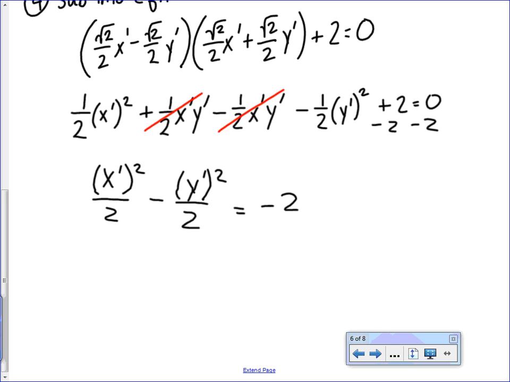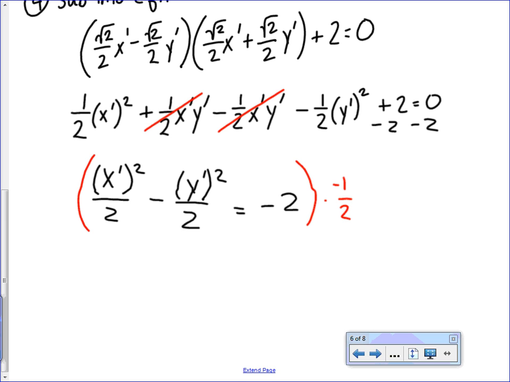But in standard form, the right side has to be equal to 1. So I'm going to divide the whole thing by negative 2, or you can think about it like multiplying everything by negative 1/2. Because I have those fractions on the other side, I'm going to multiply this whole equation by negative 1/2.